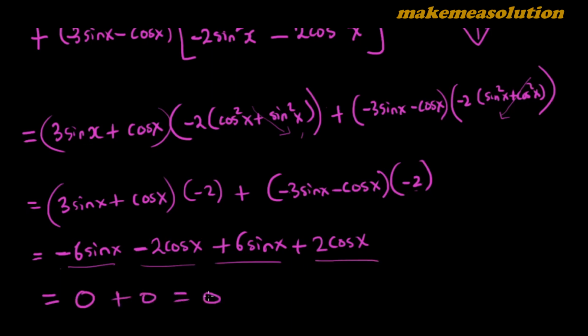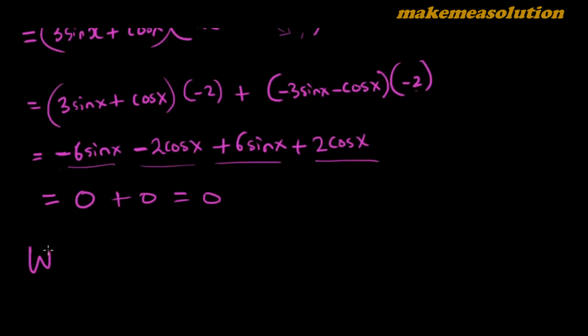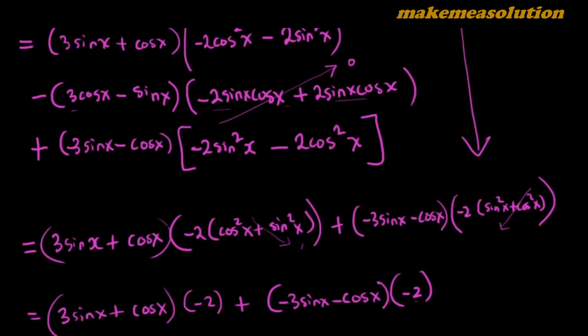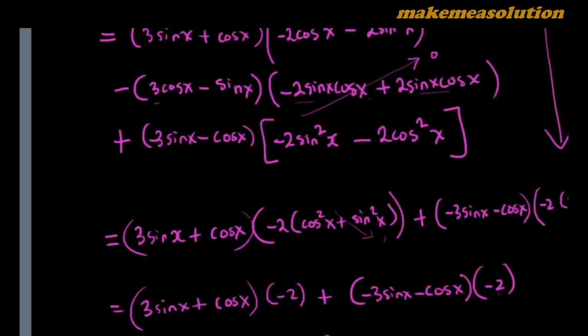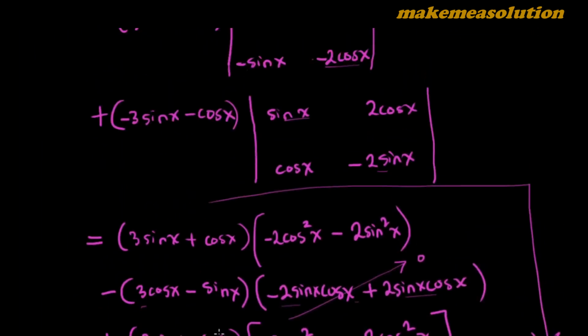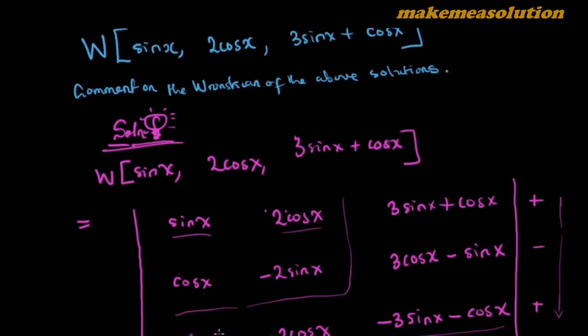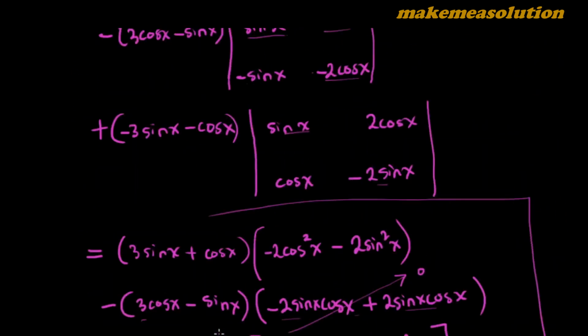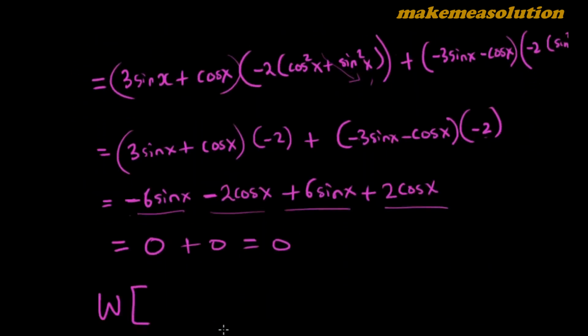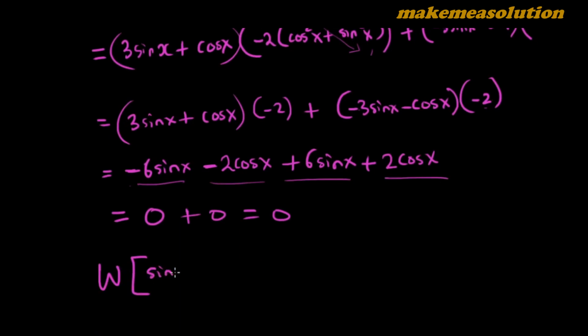So the Wronskian of the following terms, as we saw above, the Wronskian of sine x, 2 cos x, 3 sine x plus cos x, is equal to 0.